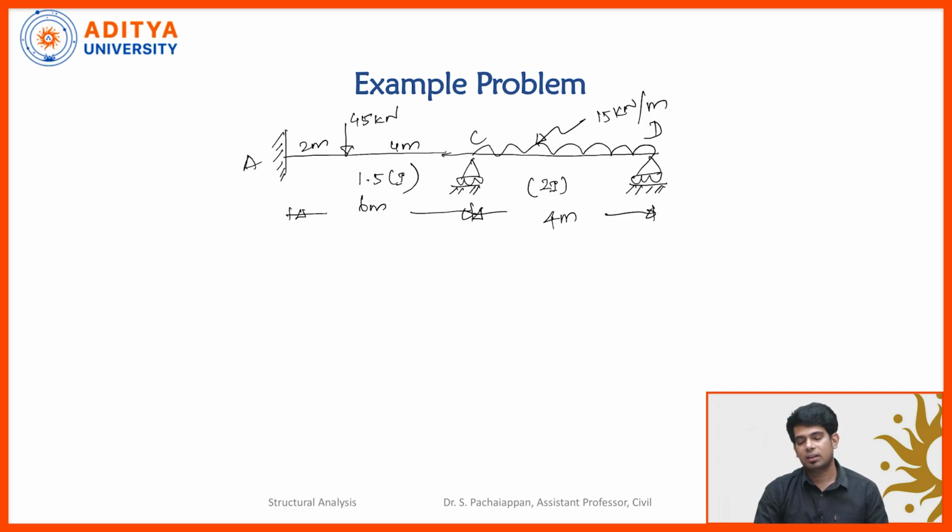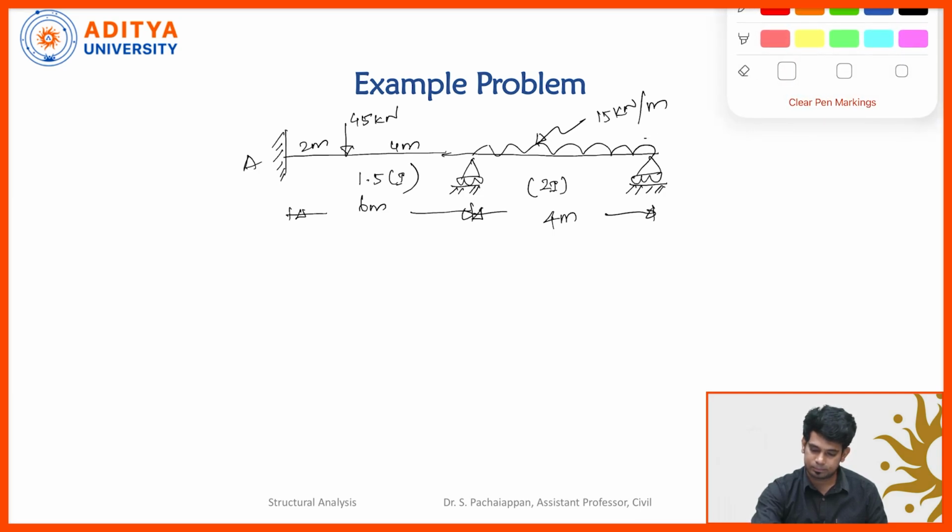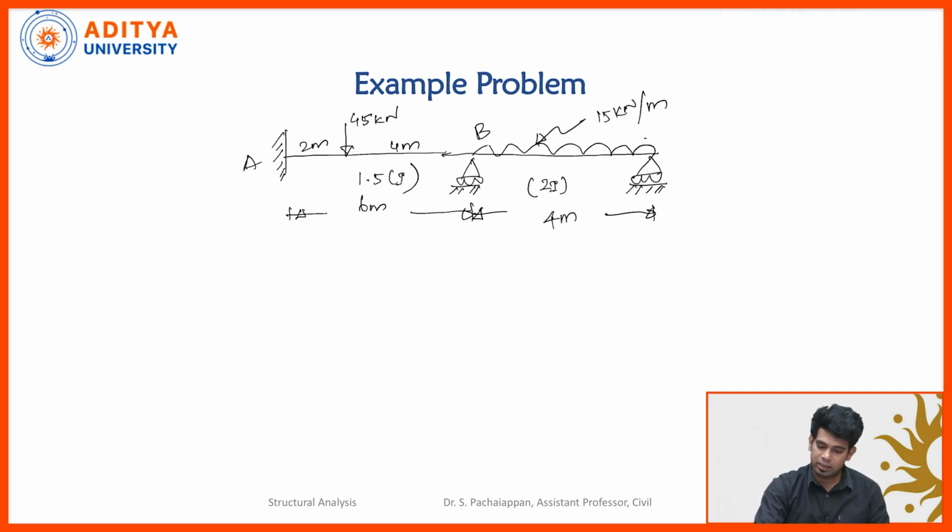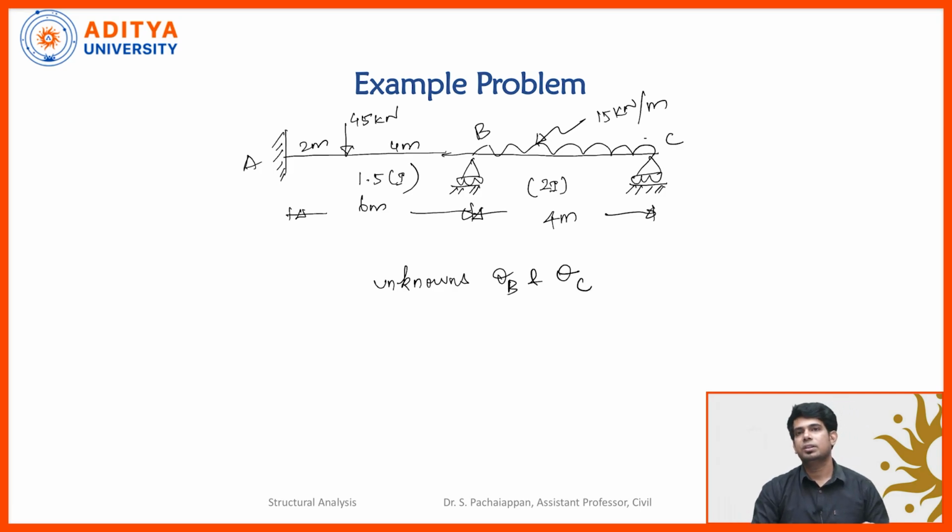At support D, we are going to have theta D. So this is support B and this is support C. Then what are the unknowns now? The unknowns are theta B and theta C. So if you calculate the theta B and theta C values, we can calculate the end moments.